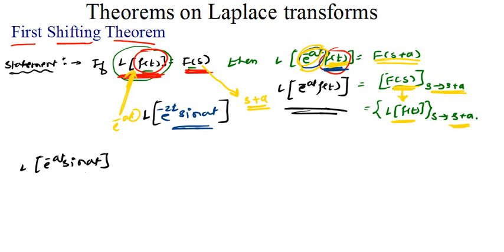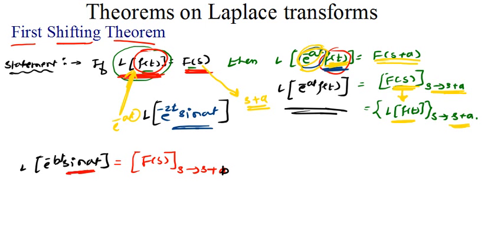In this case, sin at is f of t, and to find its answer we need F of s, so that in this F of s you replace this s by s plus a. This a and this a are different. Suppose I take this as b, so that you replace this s by s plus b.